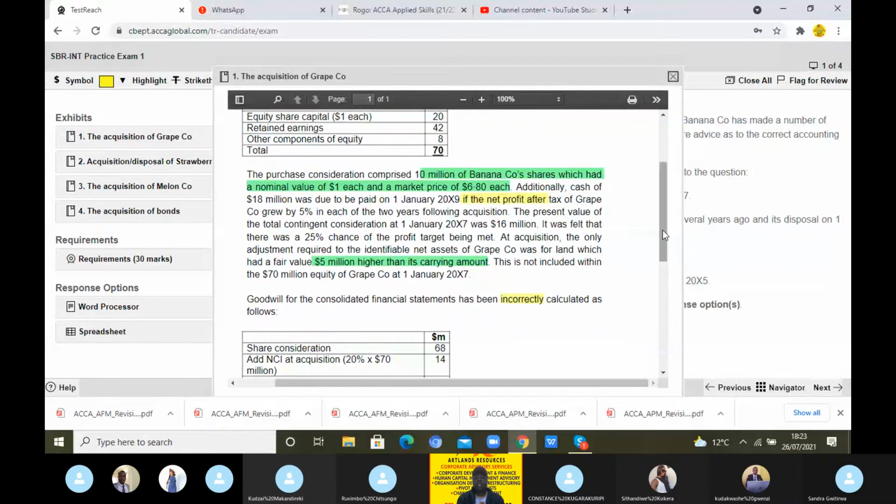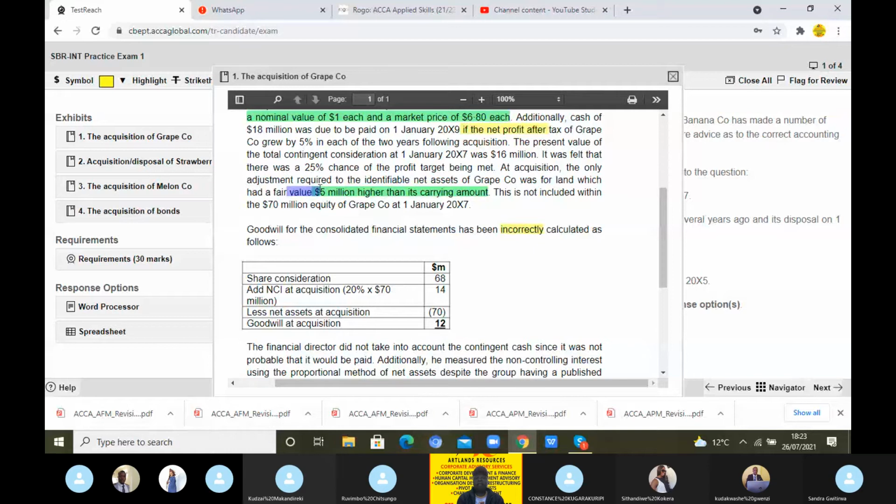It means there was an error because they omitted the fair value adjustment of 5 million. So on net assets, there's an error there. They omitted the fair value adjustment of 5 million. On consideration transferred, there is an error there, meaning they omitted contingent consideration here. Remember, contingent consideration is also included as part of consideration transferred. No wonder they are saying this goodwill is not correct.